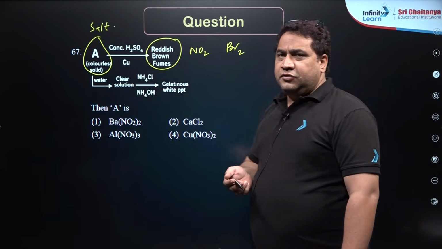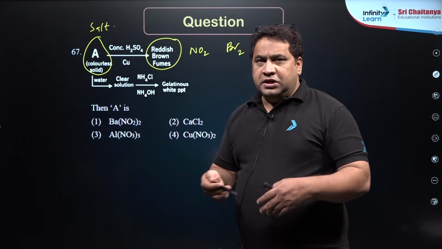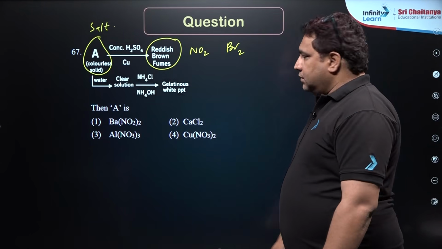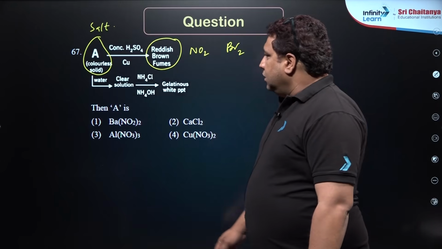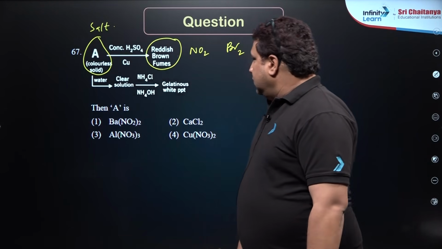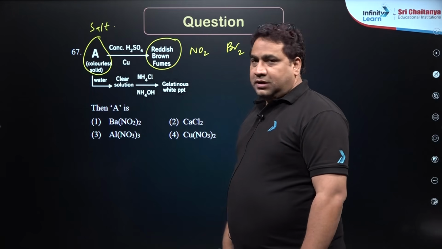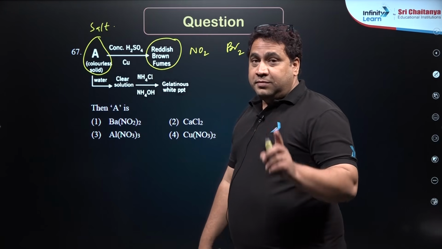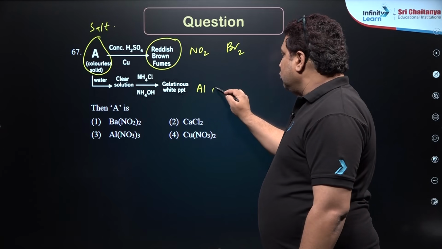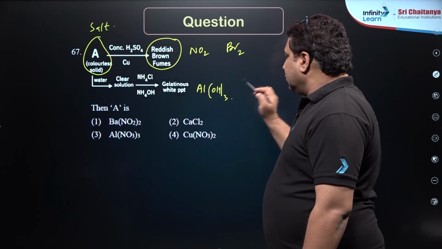Actually bromine is orange, we say orange brown, but bromine is also possible because they have similar colors. If you put in water, you will get a clear solution, so it is soluble in water. Then if you add ammonium chloride and ammonium hydroxide, aluminum family, are you following? A gelatinous white precipitate is due to the formation of aluminum hydroxide.